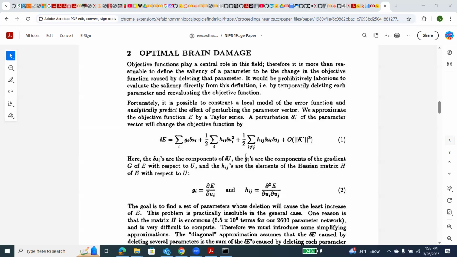So the idea of this algorithm was as follows. If we have some loss function, of course, it's multidimensional. So the shape looks like maybe a paraboloid.